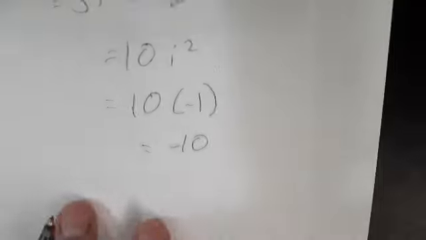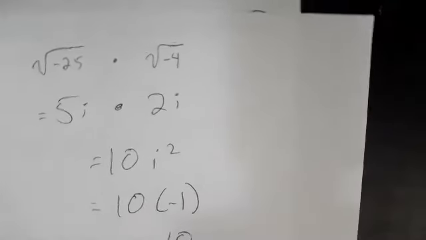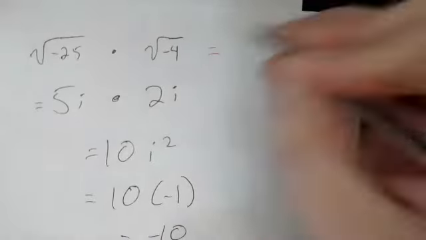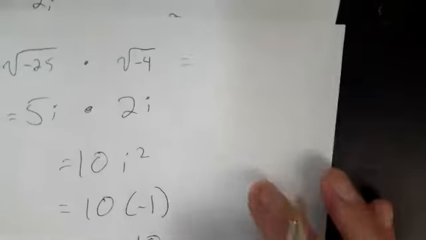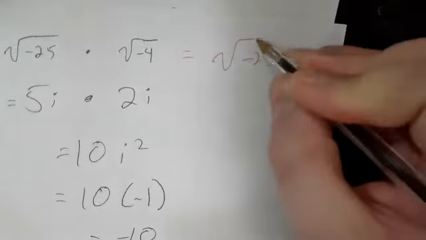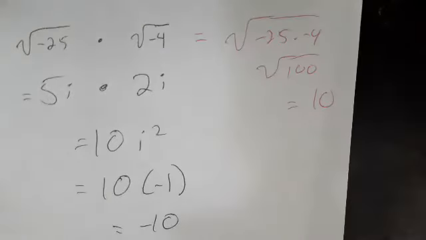If you don't solve it the correct way, if you don't pull out your i's first, what might you do? I'm going to do this in a different color, red, because this is caution. Times the minus 2, so I got 2 negatives applied together, positive. It's not going to come out with the correct sign.